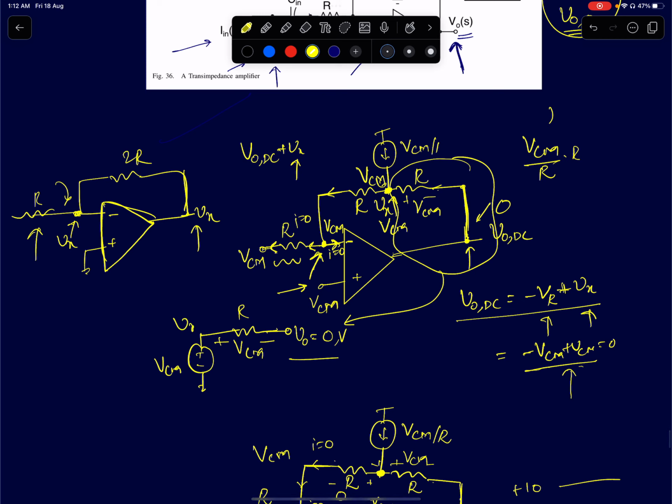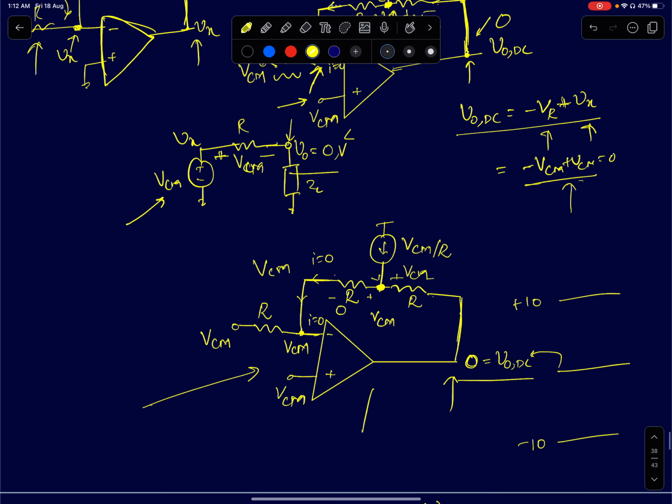So this is node Vx, this is at VCM, and the entire VCM is dropping across the resistor. I don't care what the load here is, okay? The output DC voltage comes to 0 volts. So output DC is just 0 volts. So that's what I've shown here. I've shown all the DC voltages across different resistors here in the circuit.